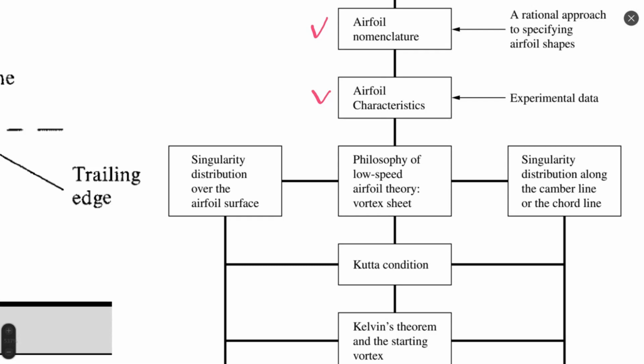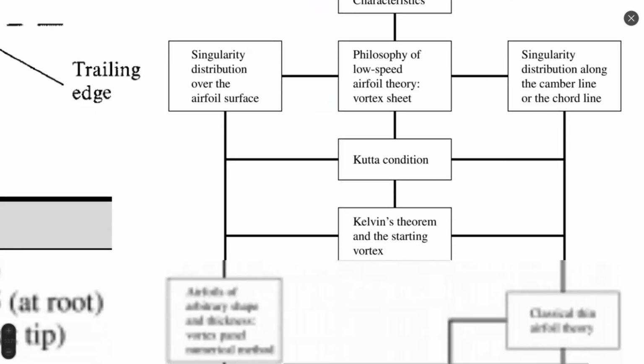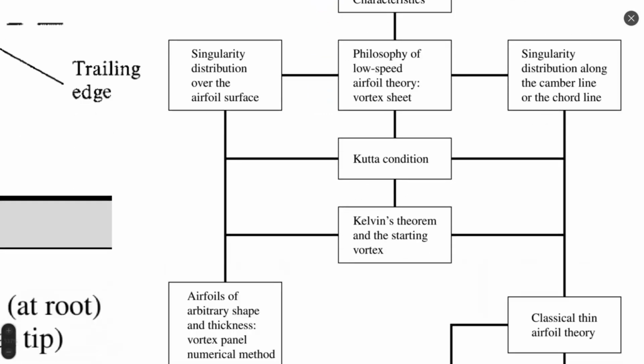We need to update or improve our system of equations to describe real flow around the airfoil, and for this we will use the Kutta condition, Kelvin's theorem and the starting vortex concept, and this will allow us to obtain a flow distribution around the airfoil that corresponds to real flow.